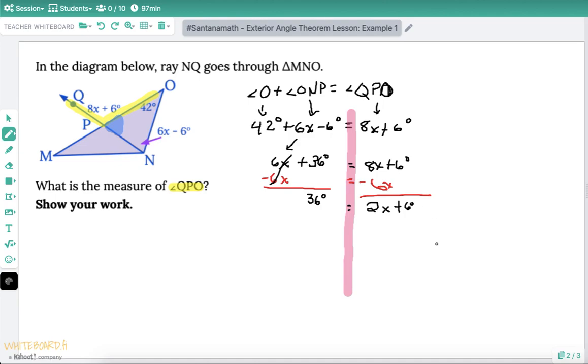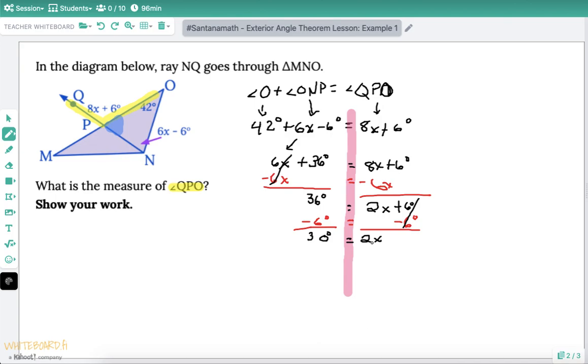Okay, so now I need to bring the constants together, and it does look more like an equation we're used to solving at this point. So this is take away 6 degrees. That is the inverse of plus 6. Remember, you have to do the same thing on both sides of the equal sign. All right, so 36 minus 6 is going to be 30 degrees. And that equals 2x, because 6 degrees minus 6 degrees is 0. 2x plus 0 is just 2x.